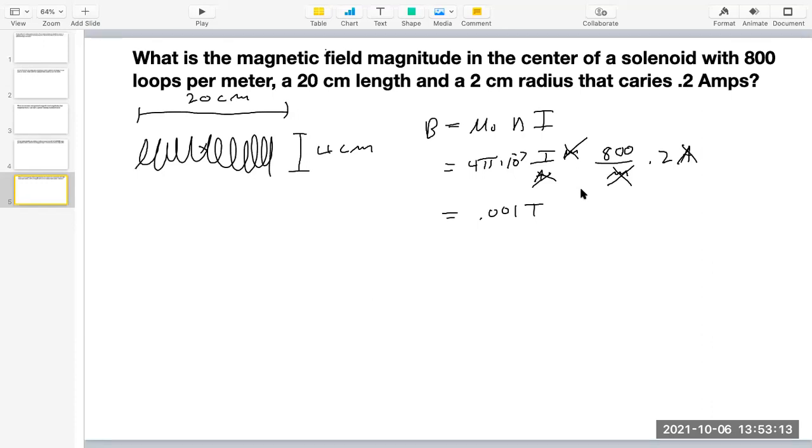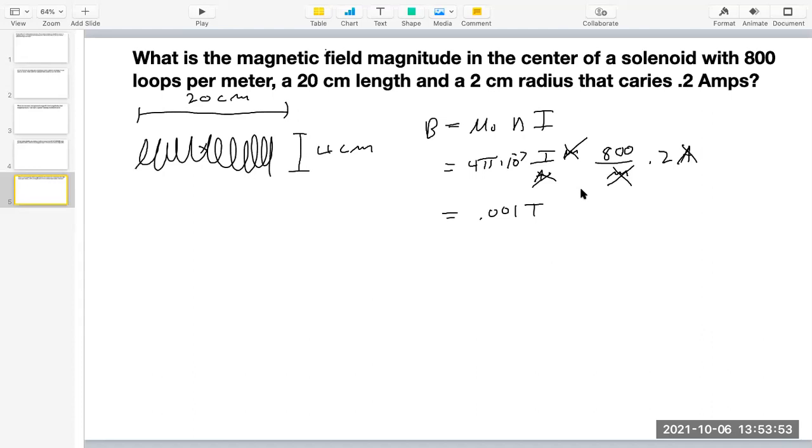So we don't need to divide the 800 loops by L, which is 20 centimeters. Correct. If there were 800 loops, you would need to divide by the length. But you were already given how many loops there are per meter. So this is 800 loops in 1 meter, not 800 loops in 20 centimeters.